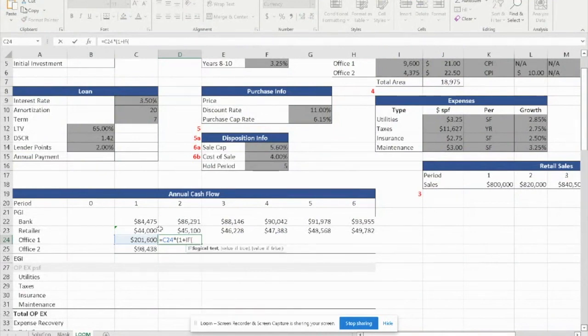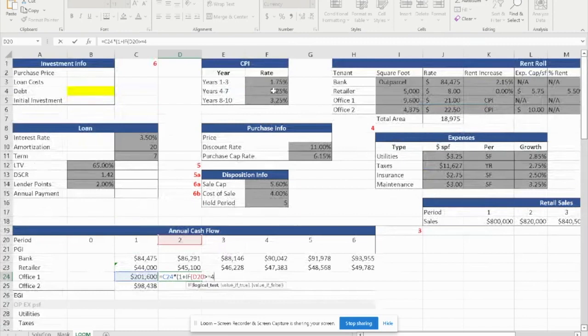This is the logic test: if year 2 is greater than or equal to 4, because we're saying year 4 onward is going to increase at a different rate. If it's greater than or equal to 4, then we're going to increase it at 2.25%. If not, it's going to increase at 1.75%. We're going to close the parentheses.